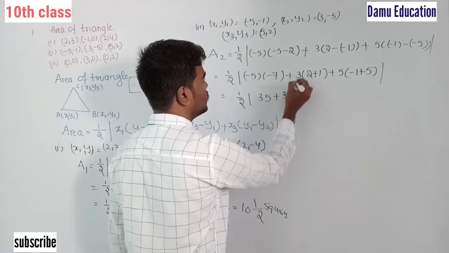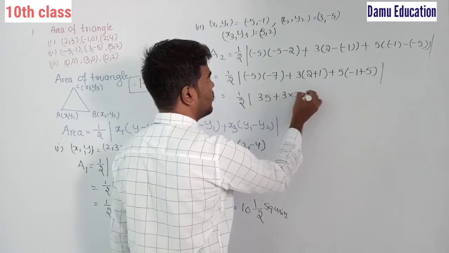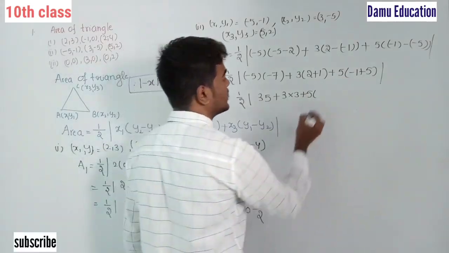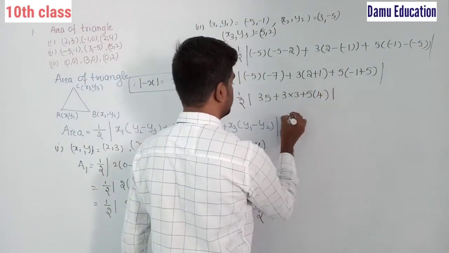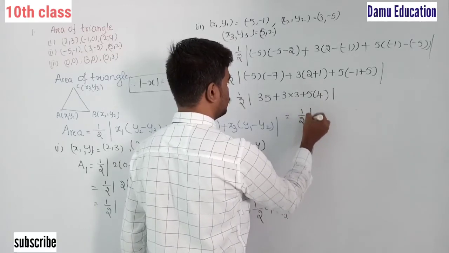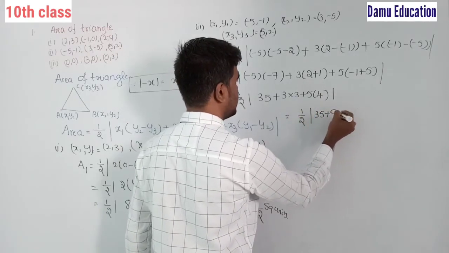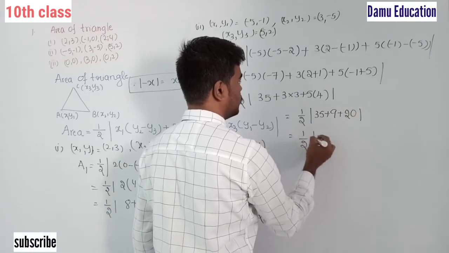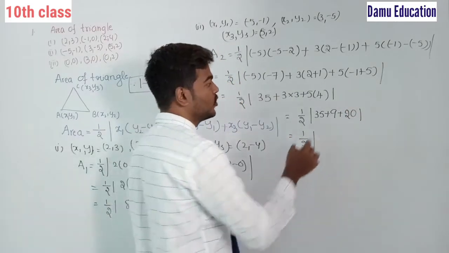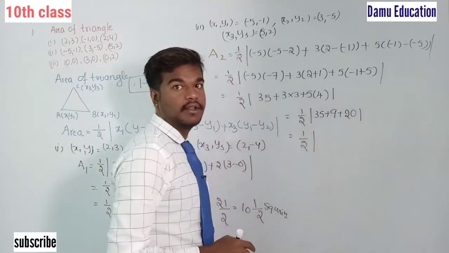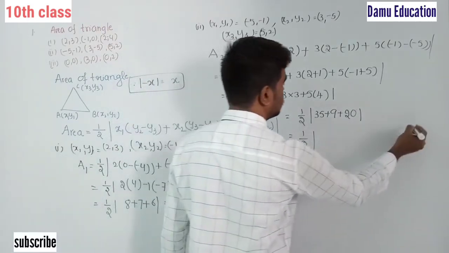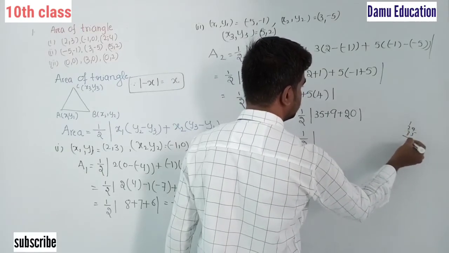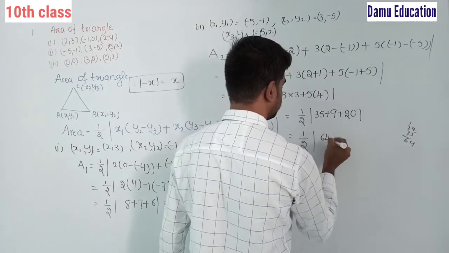Then plus 3 into 3, plus 5 into minus 1 plus 5, what will it come? Plus 4. Modulus over. 1 by 2 into 35 plus 3 3s are 9 plus 5 4s are 20. So that is 1 by 2 into 35 plus 29, which is 64.